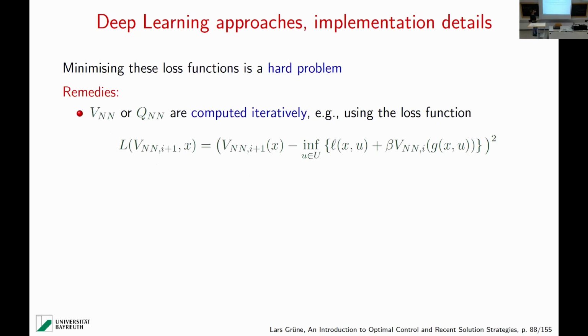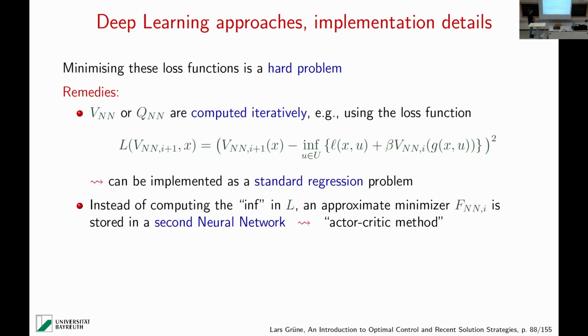The phi would be the VNN. There is no y, okay, sorry. This would be the phi, and this would be the y, because this is from the previous step. It doesn't change anymore, right? So it's from the previous iteration. And yes, this can be a standard regression problem.